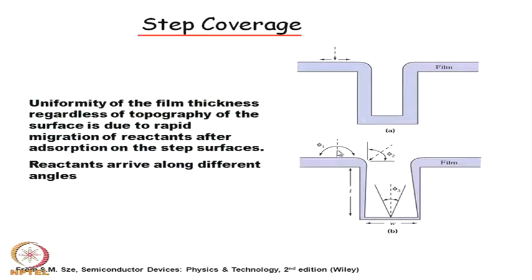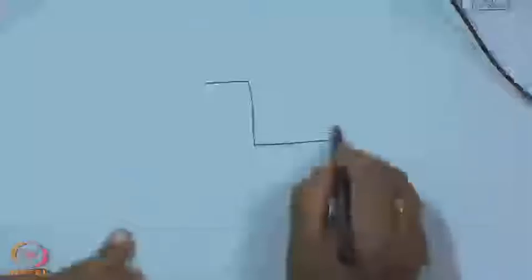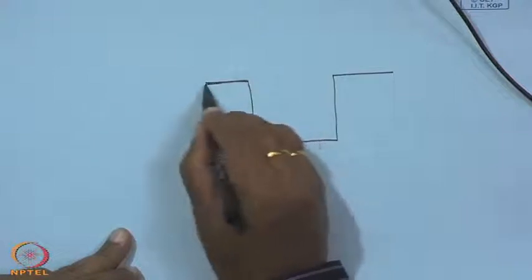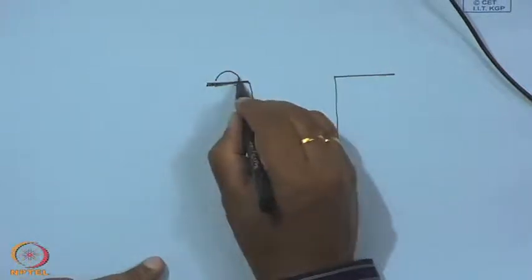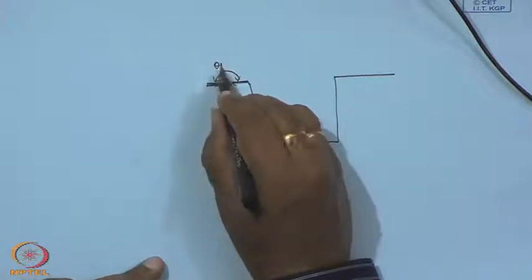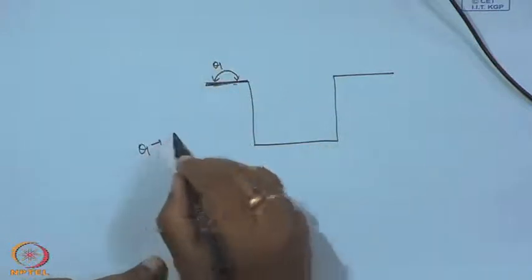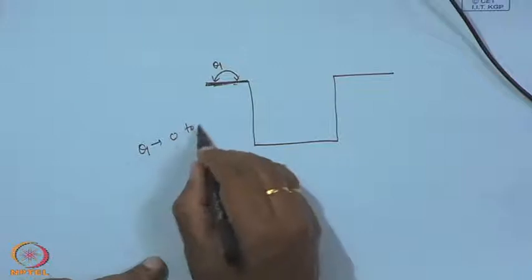And you see that the thickness will depend on the reactants arriving along different angles. In this case, for the surfaces which are parallel to the plane, let the reactants come at an angle theta 1, and theta 1 can have a value between 0 to 180 degrees.